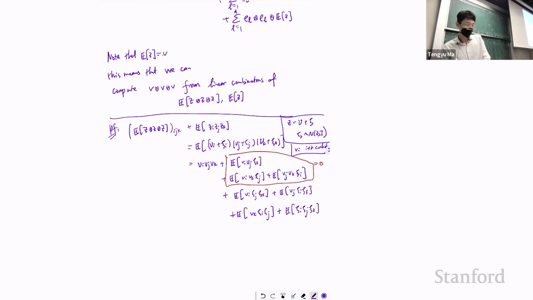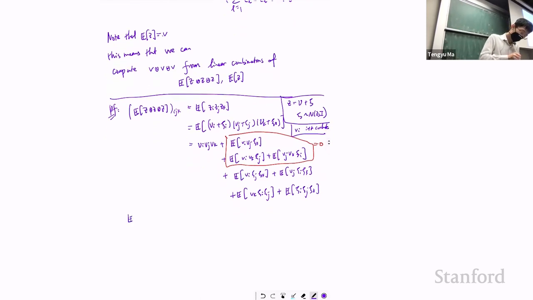So how do we deal with the rest of the four terms? If you look at the expectation of ξ_i ξ_k, this is equal to 0 if i is not equal to k, because ξ_i and ξ_k are two independent random variables, and you can factorize it to get the expectation of ξ_i times the expectation of ξ_k.